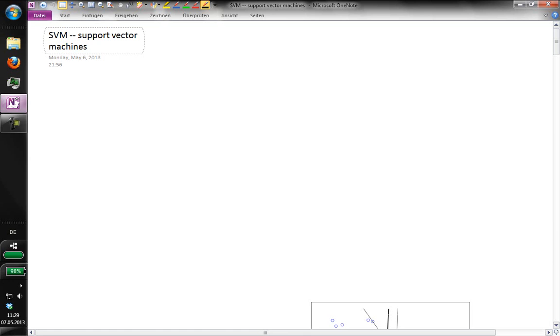So I will spend most of this hour motivating the function that's being optimized in support vector machines, and will at the very end give an outlook on transductive SVMs, which is a specific kind of latent variable SVM. I won't say how to solve the problem, but I wanted to, at the end, give you an outlook on how this relates with latent variable methods, which are the main subject of the seminar.